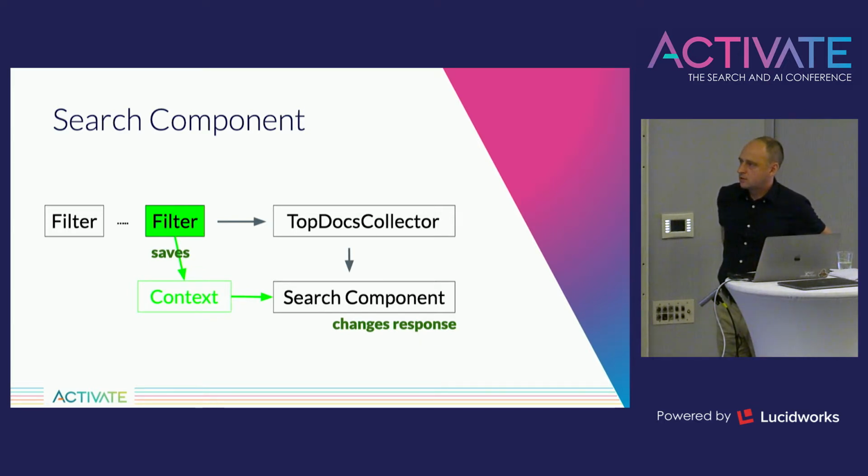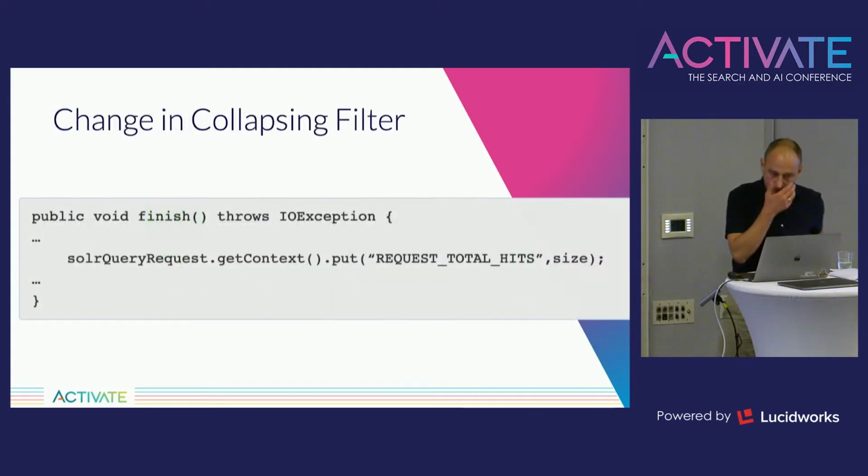In our case, our filter saved to the request context variable the appropriate number of products that can be found by our search query, and after running top docs collector, our search component is executed, and this fixes the response number of hits to the appropriate number.